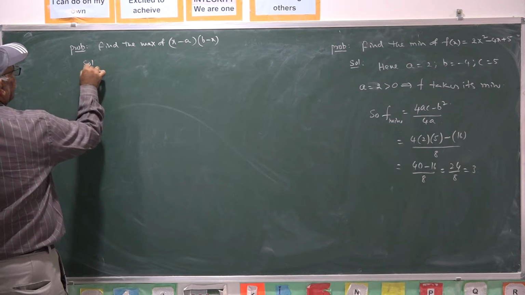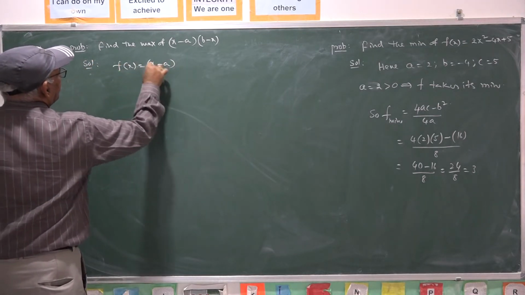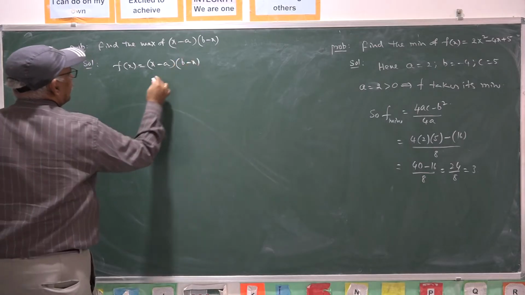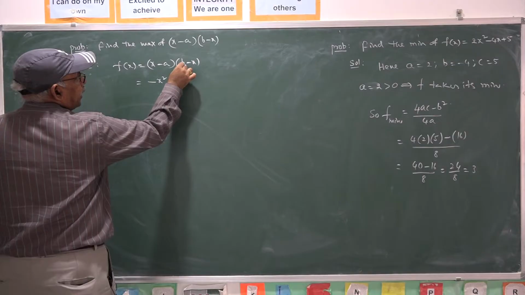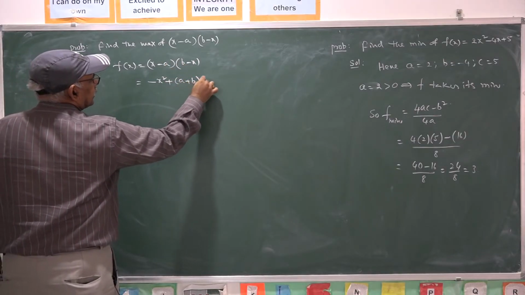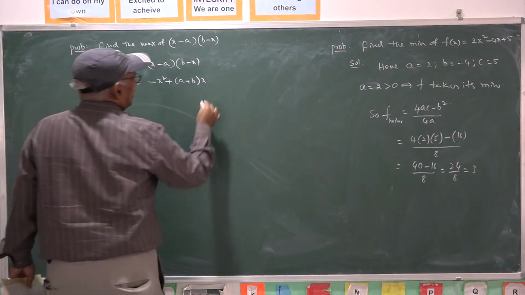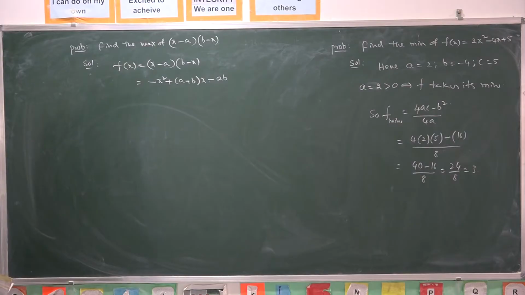So, in this case, f(x) equal to x minus a into b minus x. So, this is minus x square plus bx plus ax minus ab, that is plus a plus b times x. The constant is minus ab, which is a quadratic clearly.